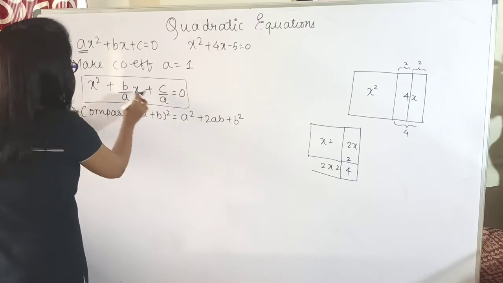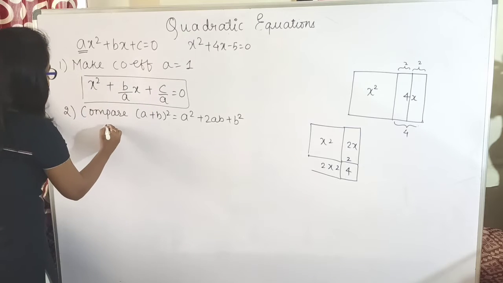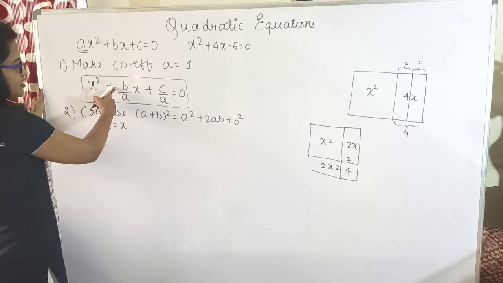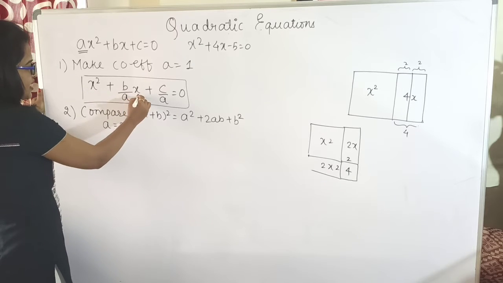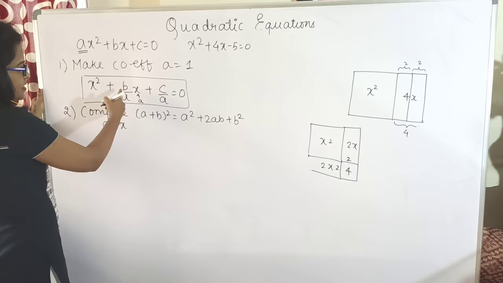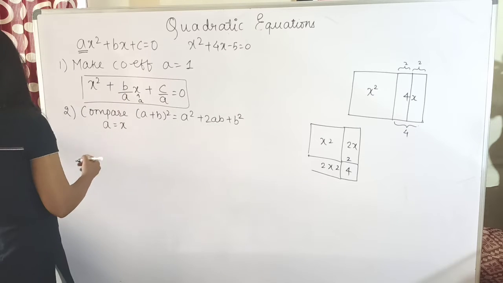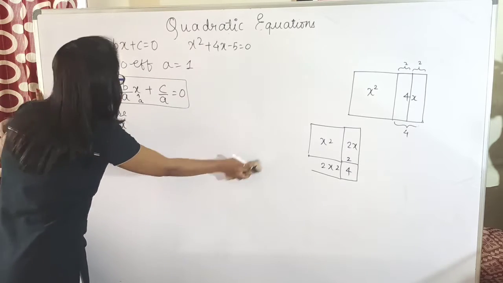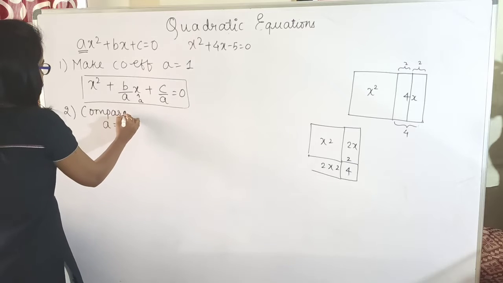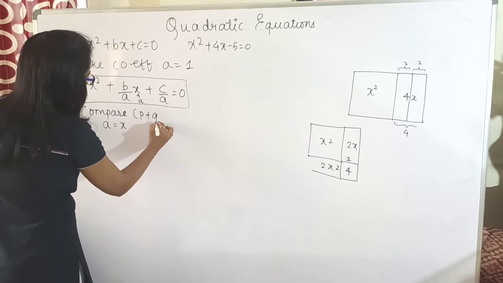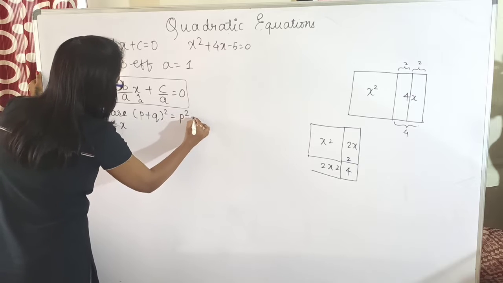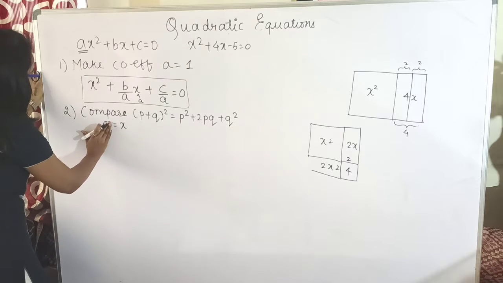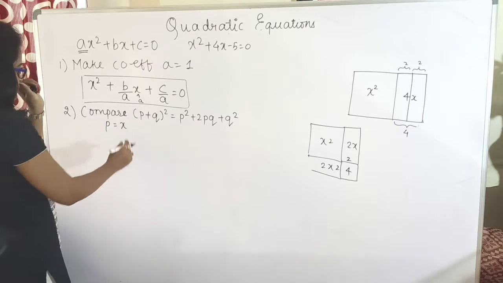So if you compare, what is the value of a? I have got the value of a as x. Is 2 present here? No. This is my a, and instead of writing it as (a plus b) whole square, I will make it (p plus q), so that you will not get confused. So (p plus q) whole square gives me p square plus 2pq plus q square, which tells me the value of p is x. Yes.